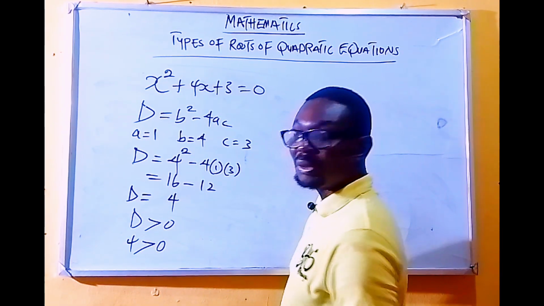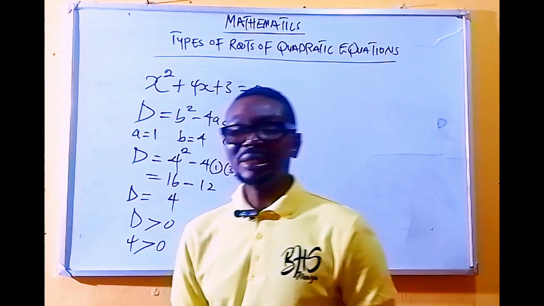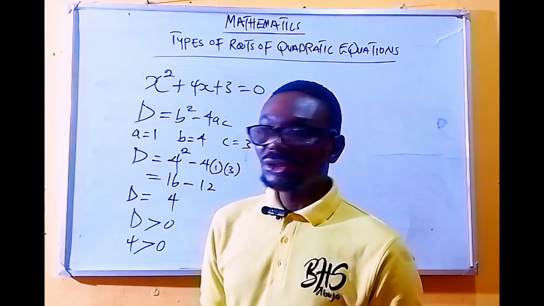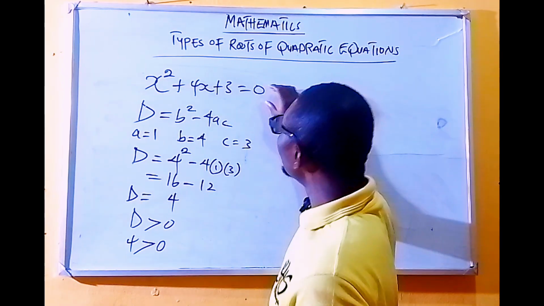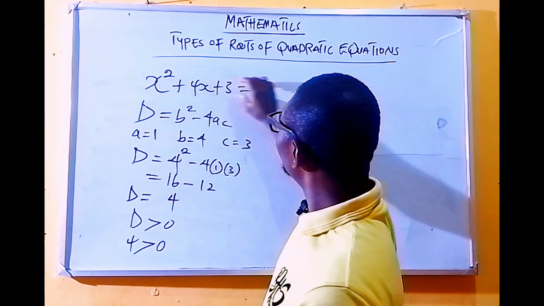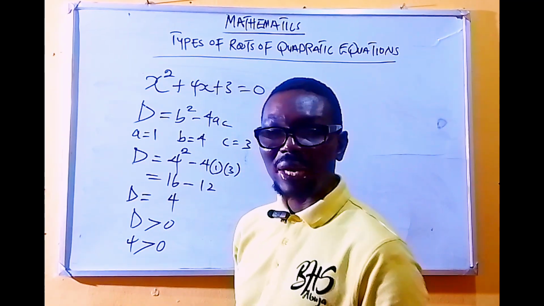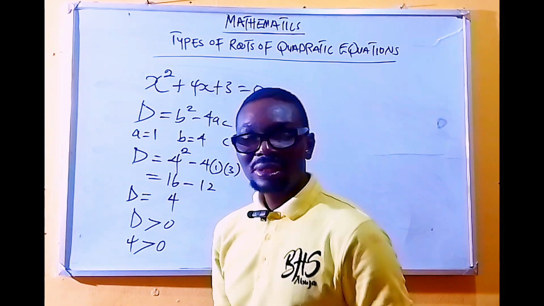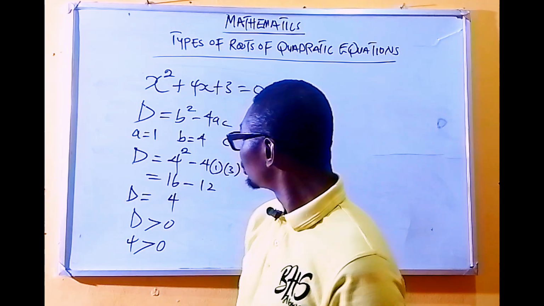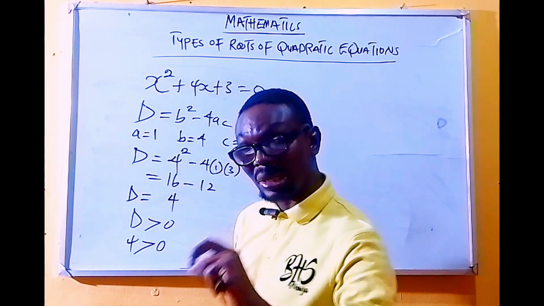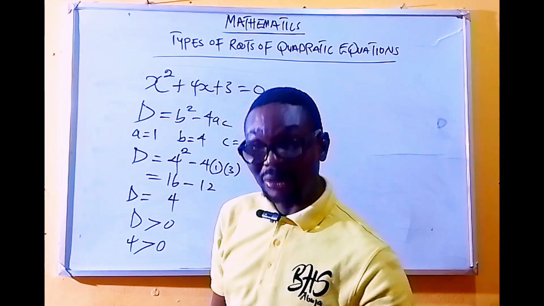It means that we are going to get real and distinct roots. So anytime you are given a quadratic equation, you can quickly determine the type of roots by just using this discriminant. You already know the type of root you are going to get at the end of the day.